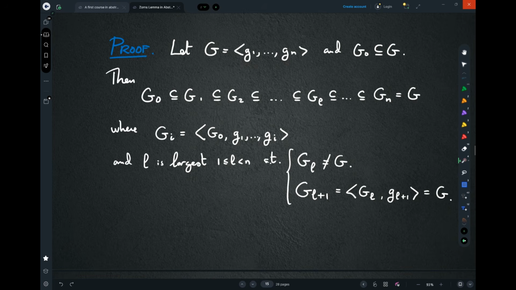For example, G_1 will be generated by G_0 and g_1, G_2 by G_0, g_1 and g_2, and so on. By the time we reach G_n, I have G_0, but I also have g_1 through g_n, so I have all of G. So G_n is definitely G, but it may be G at some earlier point. So let L be largest such that G_L is not G, but the next one is already all of G.